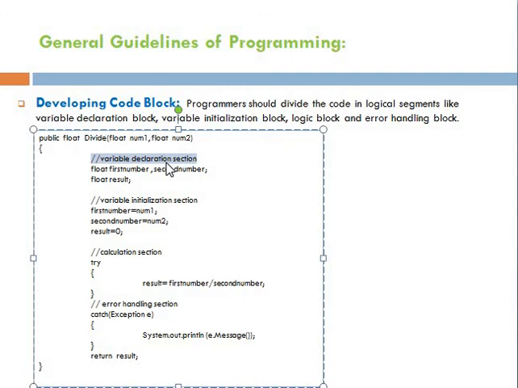Single line comments can be given with the help of this double slash. Now here this commented line indicates the variable declaration section. That means in these two lines I have declared two variables, first number and second number, separated by comma, whose data type is float.